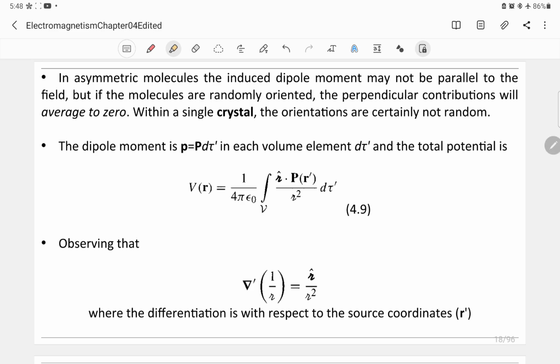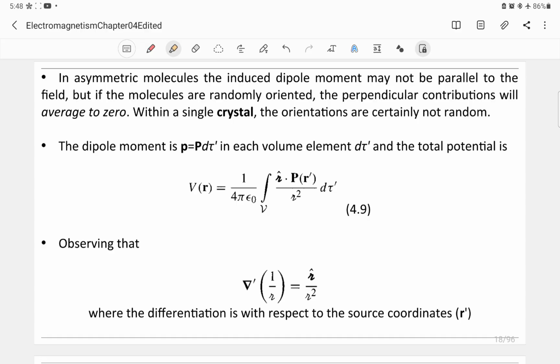In asymmetric molecules, the induced dipole moment may not be parallel to the field, but if the molecules are randomly oriented, the perpendicular contributions will be averaged to zero.